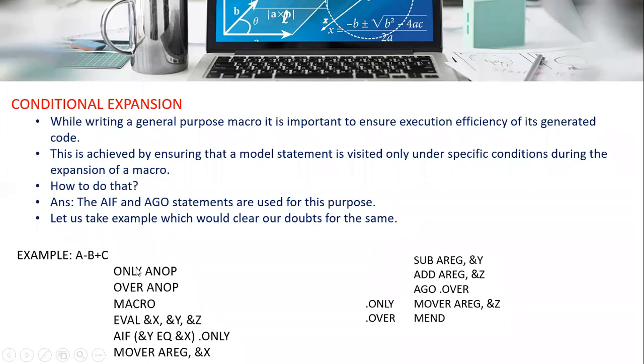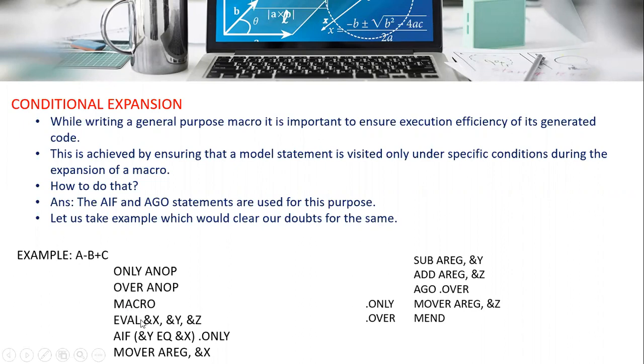ANOP declares the particular symbol. This symbol is our sequencing symbol, but in the declaration we don't specify the dot; the dot is required only where the symbol is used. For that purpose we use ANOP. We declare two sequencing symbols, ONLY and OVER.